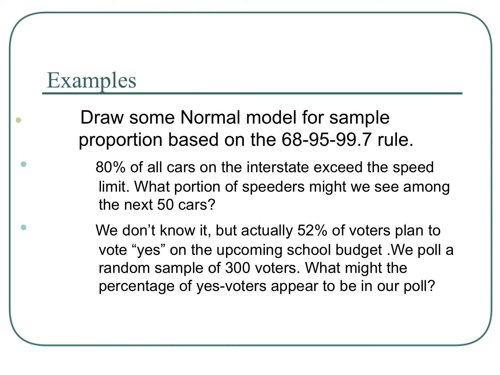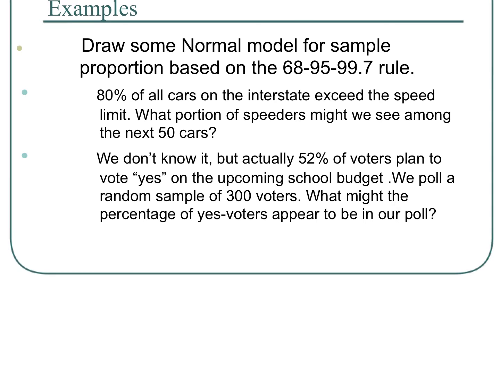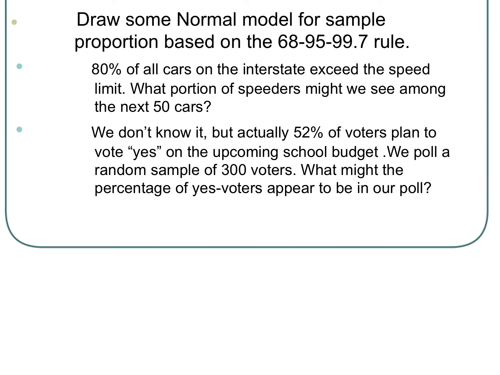All right, so we drew normal models back in chapter 3. We're going to draw some normal models for a proportion based on the 68, 95, 99.7 rule. It says here that 80% of all cars on the interstate exceed the speed limit. What proportion of speeders might we see among the next 50 cars?